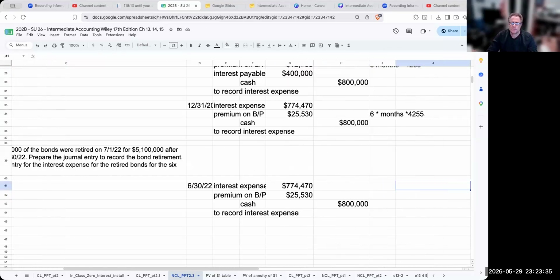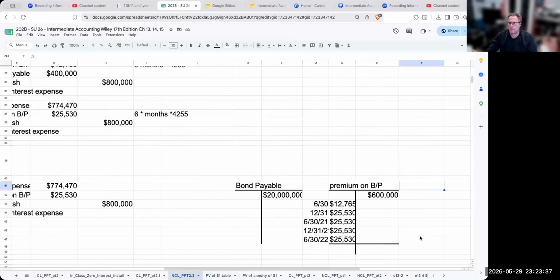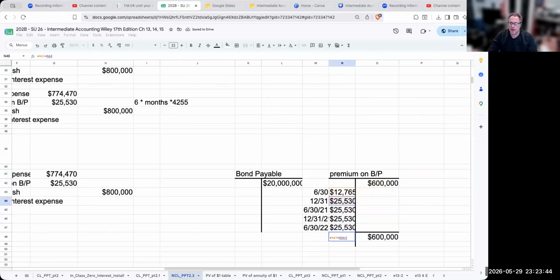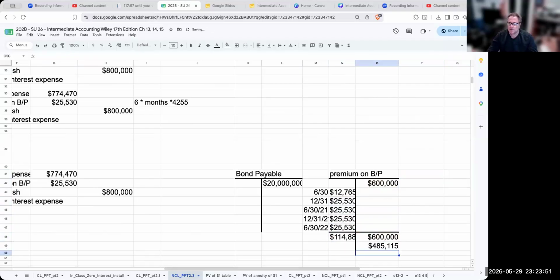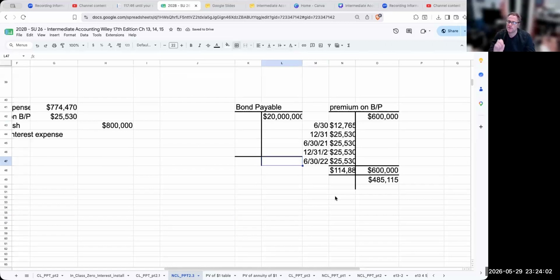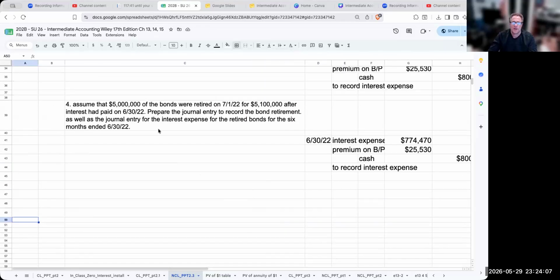So right over here, basically, the first thing I wanted to go through and do is to say, okay, I've got my premium on bond payable up until the date of basically right over here. My premium on bond payable is roughly 485,115.